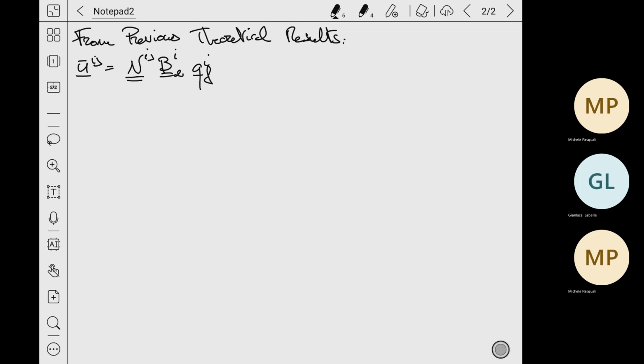This can be defined as a new matrix N over bar ij times qfI, with N over bar ij equal to Nij applied over B2I. Okay, it's just a way of regrouping.